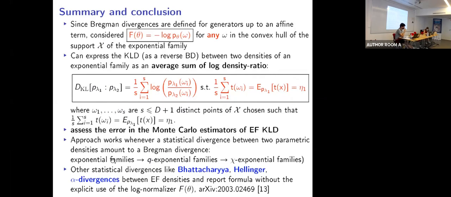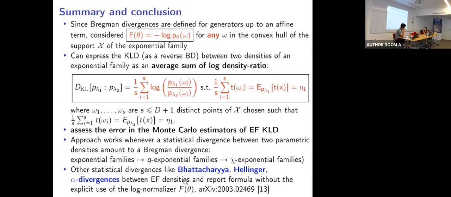Our technique relies on Bregman divergence, and other statistical divergences which are equivalent to Bregman divergence on parameters can also be fitted in this framework. So basically, KLD between exponential families, or Q divergence between Q exponential families, or chi divergence between chi exponential families.